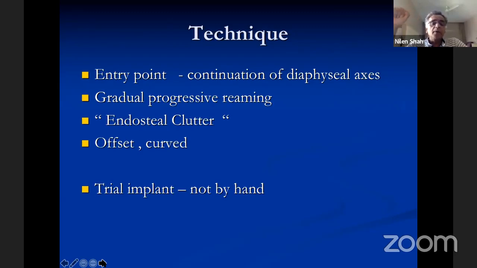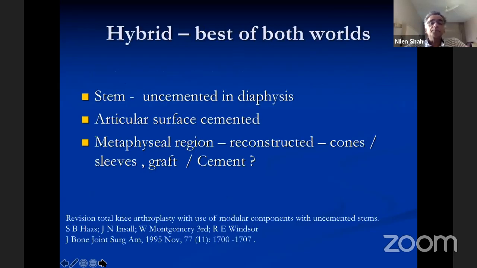That means when your reamer is going there, you can feel that it is engaging the endosteum of the bone, and then you can use an offset or a curved stem. It should be so tight that you cannot really put the trial implant in by hand, nor can you remove it by hand. You need special removers to take it out.